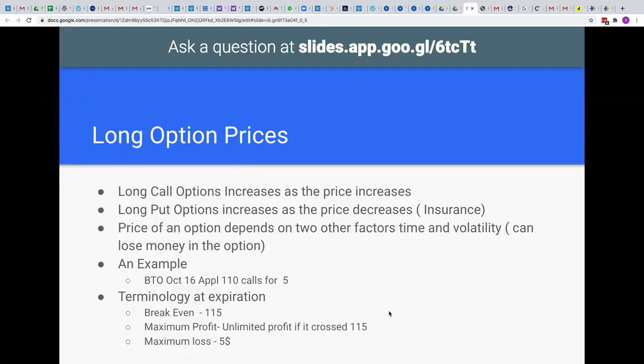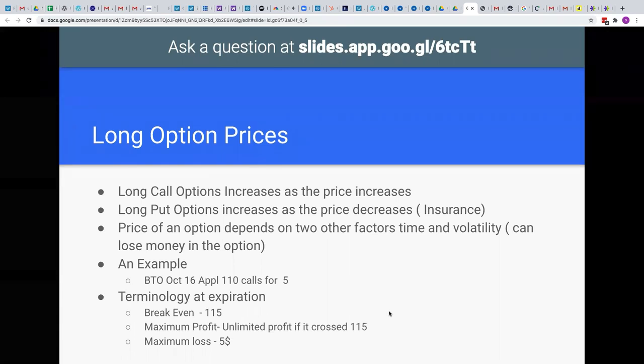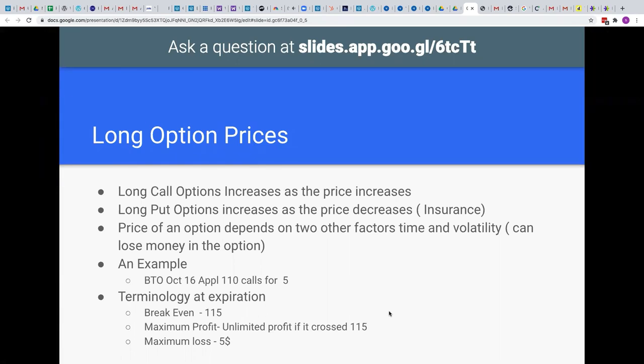As you're getting close to your expiration, your volatility and time decay come into play and your option value keeps decreasing. So you might be losing money, though it is moving closer to 55 and below. I just gave that as an example, but I wanted to bring that up.